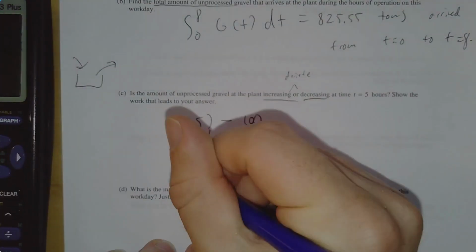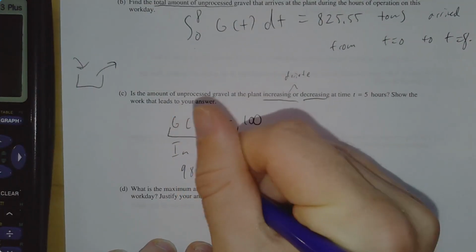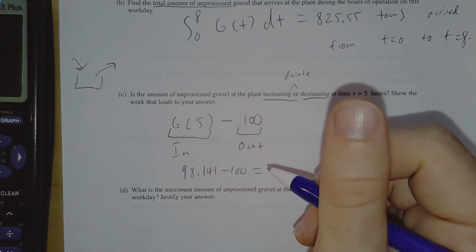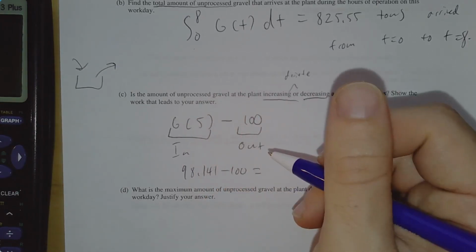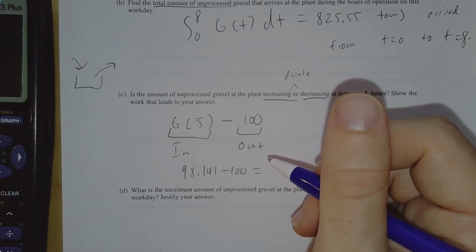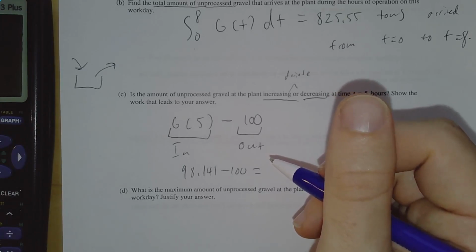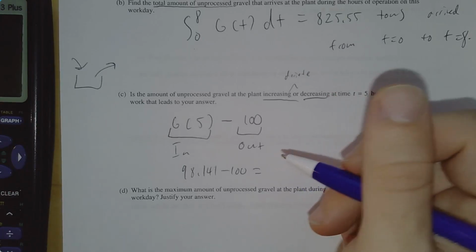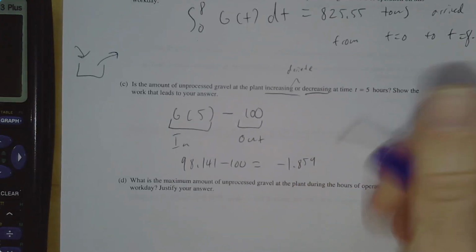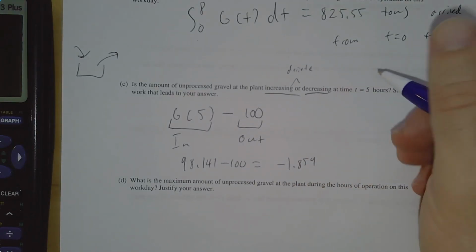So it's 98.141 minus 100 equals negative 1.859.